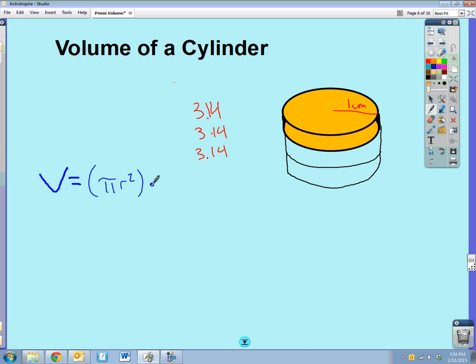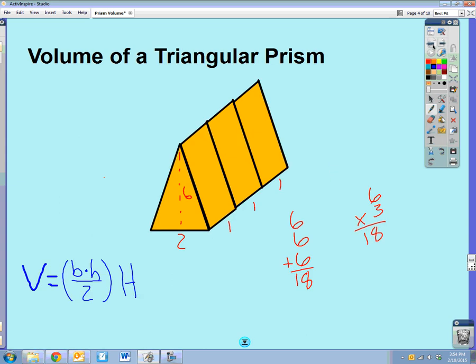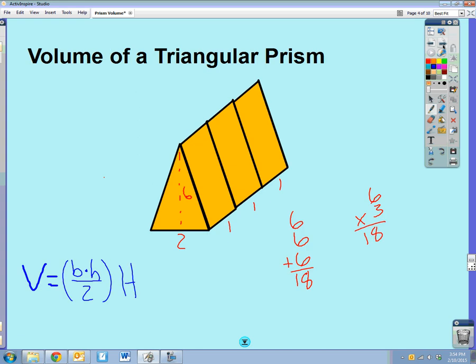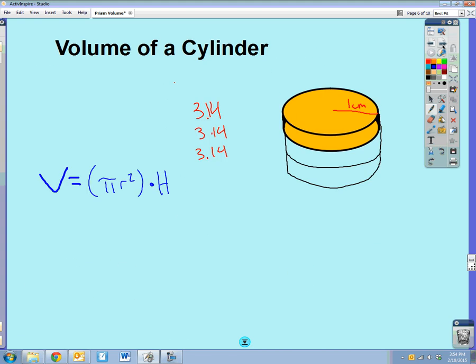And we say, well, times the height, times how many layers are there stacked back to back or on top of each other. And that's how we get our formula for a cylinder. So all of these are the area of the basic shape, area of the circle, area of the triangle, area of the rectangle, times big H. And big H is how many layers are there.